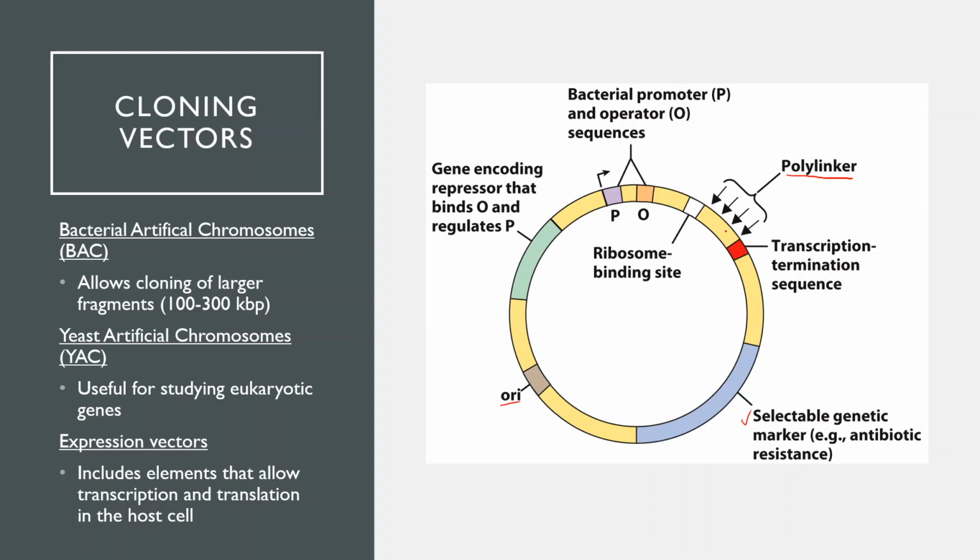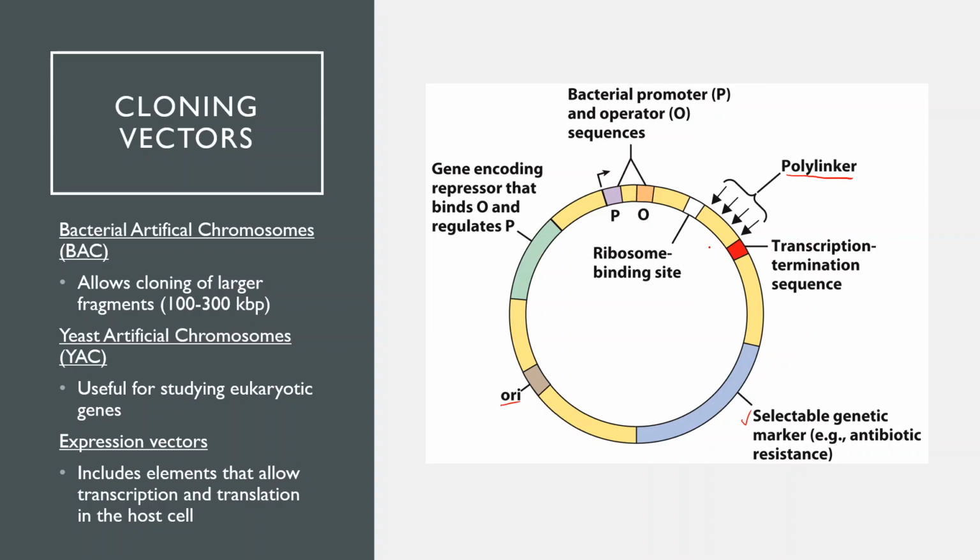So that means you can choose which enzyme you want to cut this plasmid and insert your gene. But on either side of that polylinker, there are the DNA elements you would need to actually express the gene.